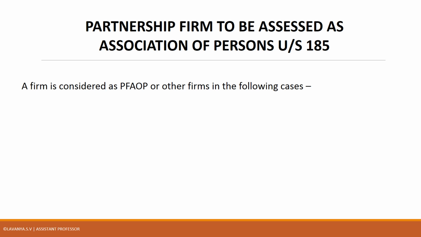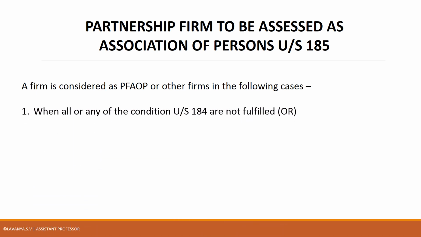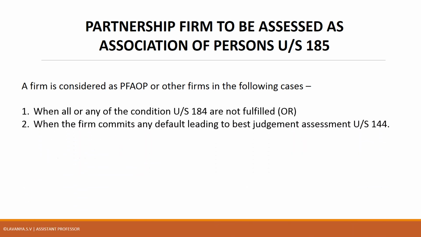Let's move to next slide. Other firms. A firm is considered as other firms in the following cases: when all or any of the conditions under section 184 are not fulfilled, or when the firm commits any default leading to the best judgment assessment under section 144.